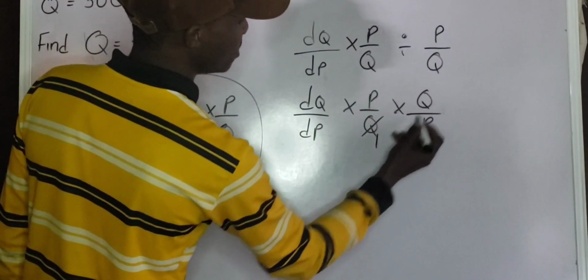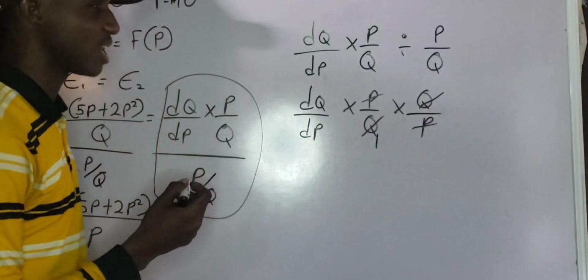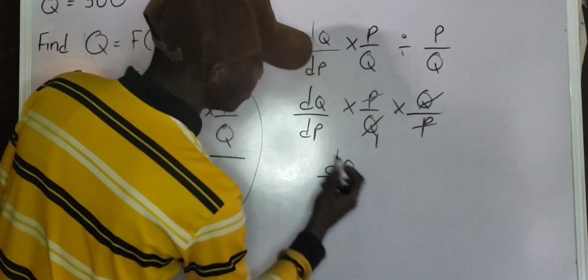So this Q will cancel this Q, and this P will cancel this P. So I'm left with dQ over dP. Please, do you understand?